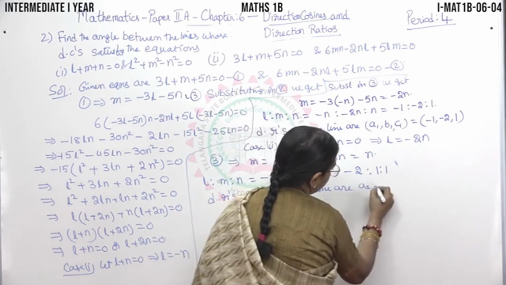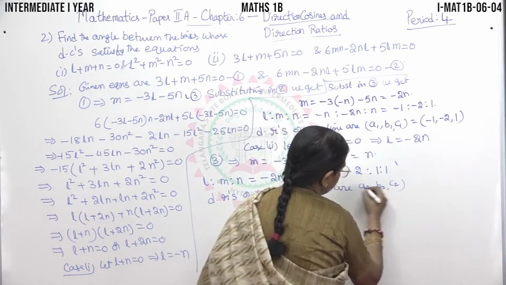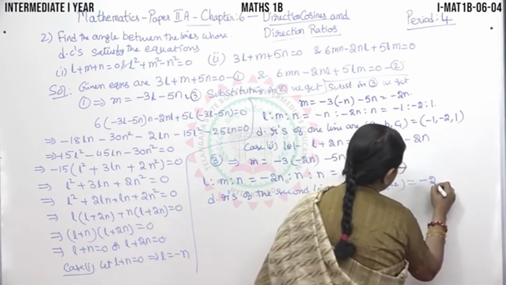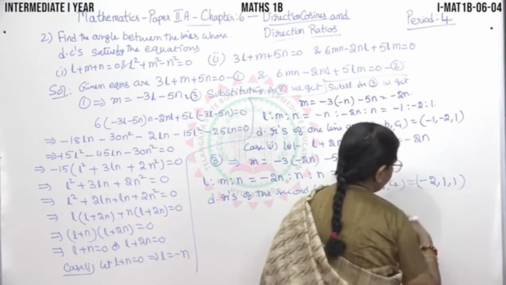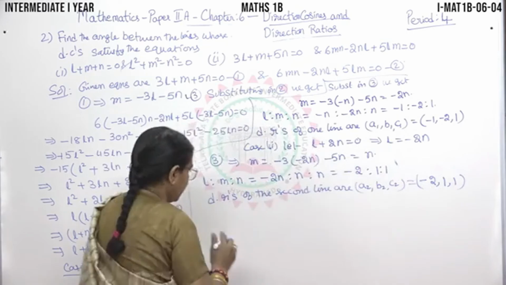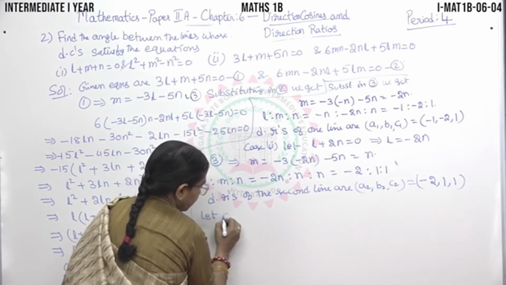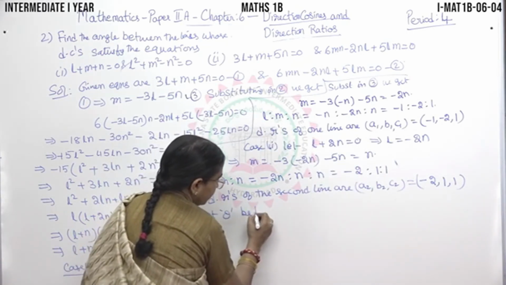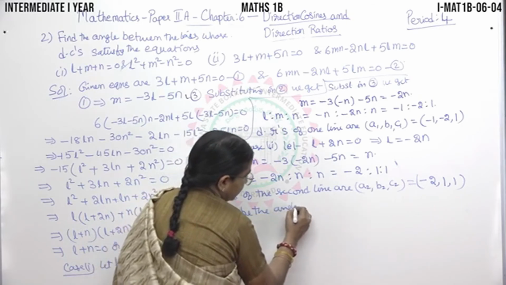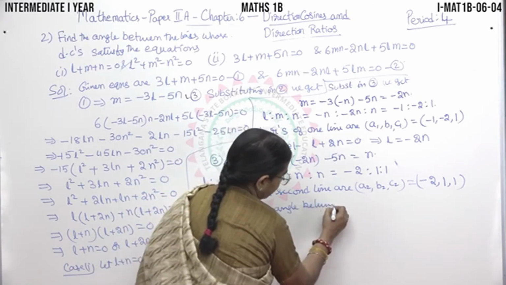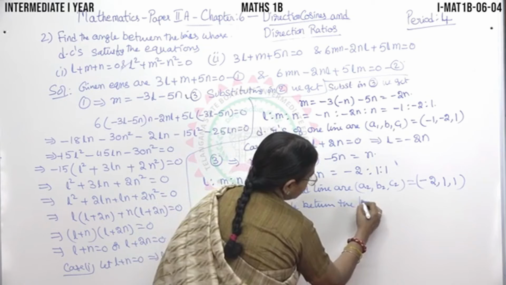A2, B2, C2 is equal to -2, 1 and 1. Now let theta be the angle between the two lines.